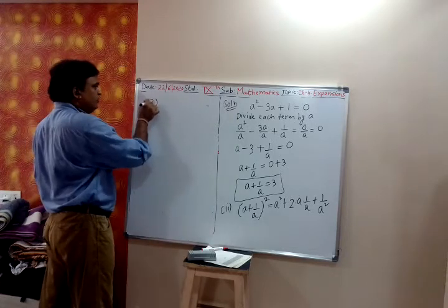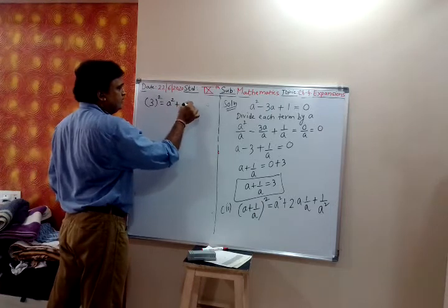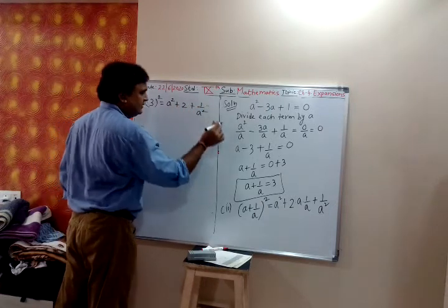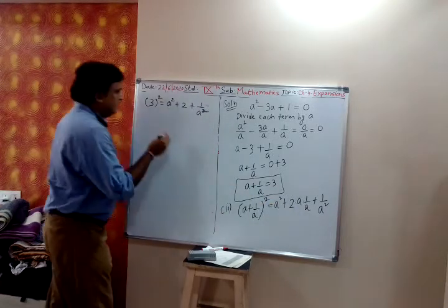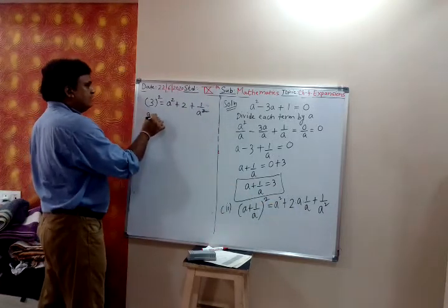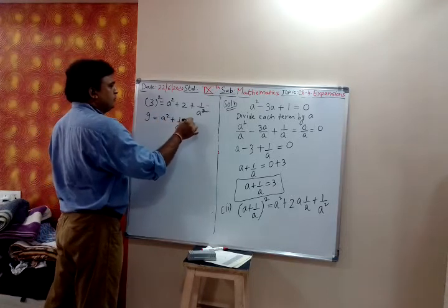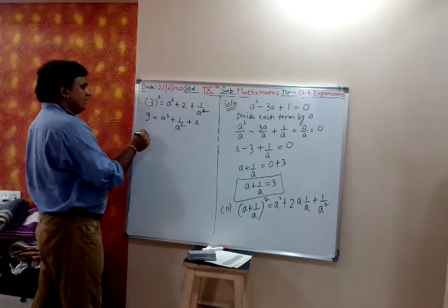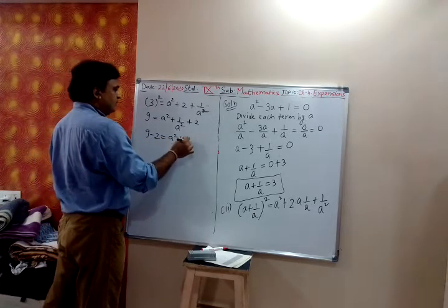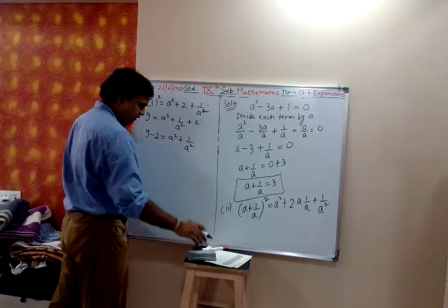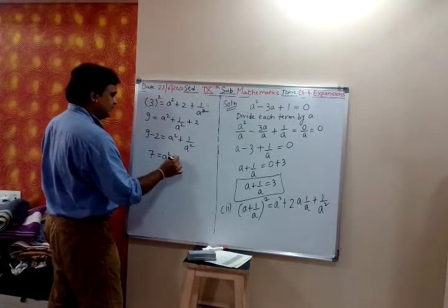So we have 3 square is a square plus 2 plus 1 upon a square. So 9 is equal to a square plus 1 upon a square plus 2. Now take 2 on this side. 9 minus 2 is a square plus 1 upon a square. So 7 is a square plus 1 upon a square, and this is the answer.